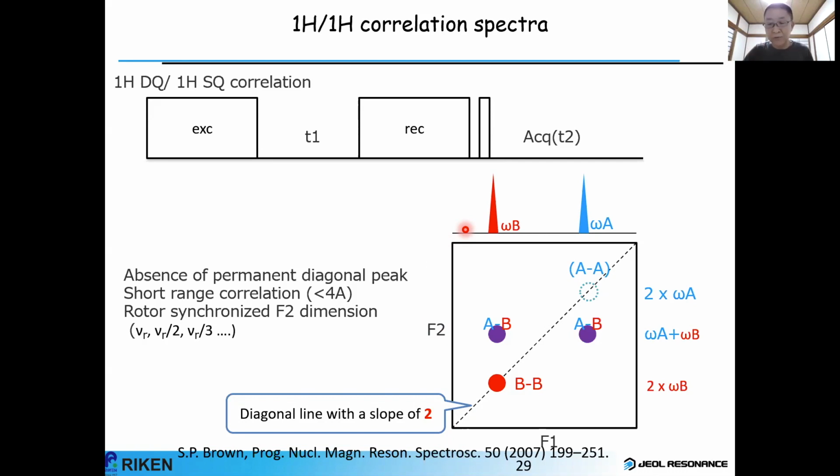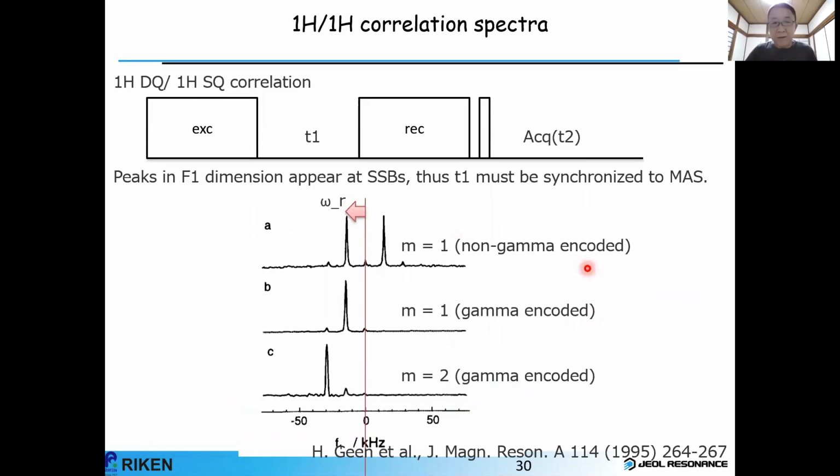This is because this is the indirect dimension of the double quantum single quantum experiment, and this is the double quantum dimension. The peak appears not at the center, but at the spinning sideband. This depends on the sequence you use for excitation and reconversion.